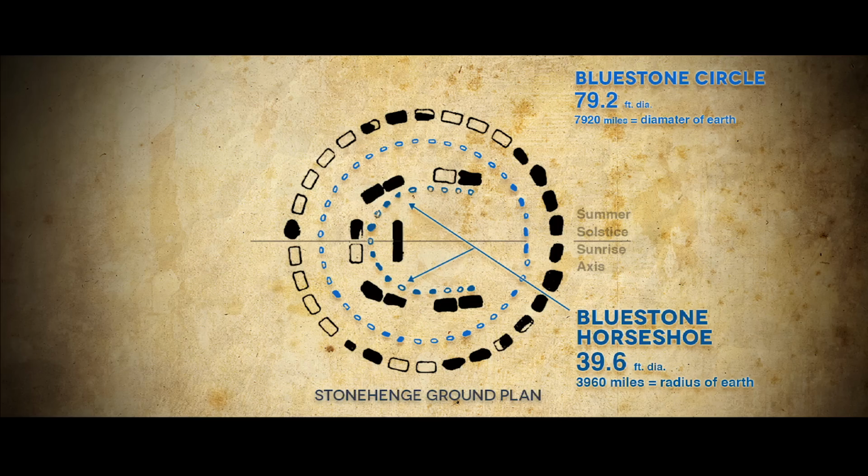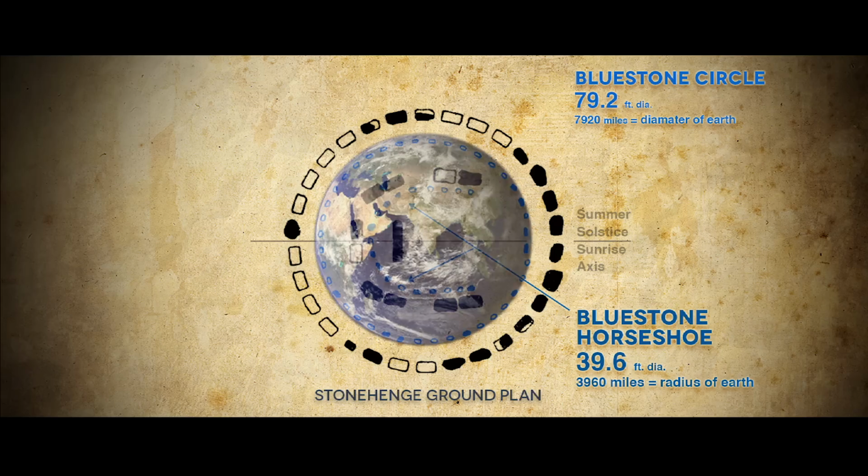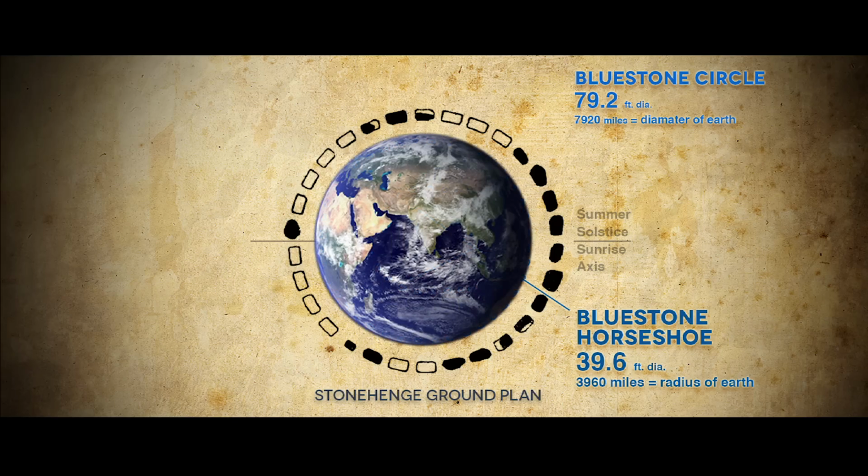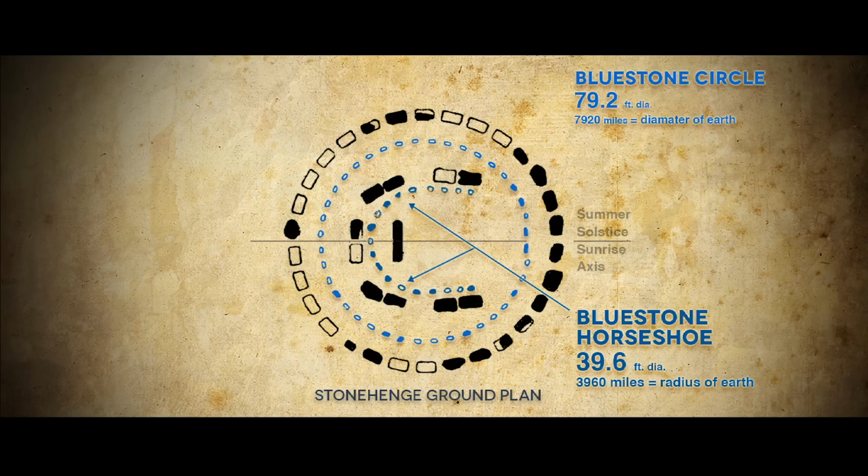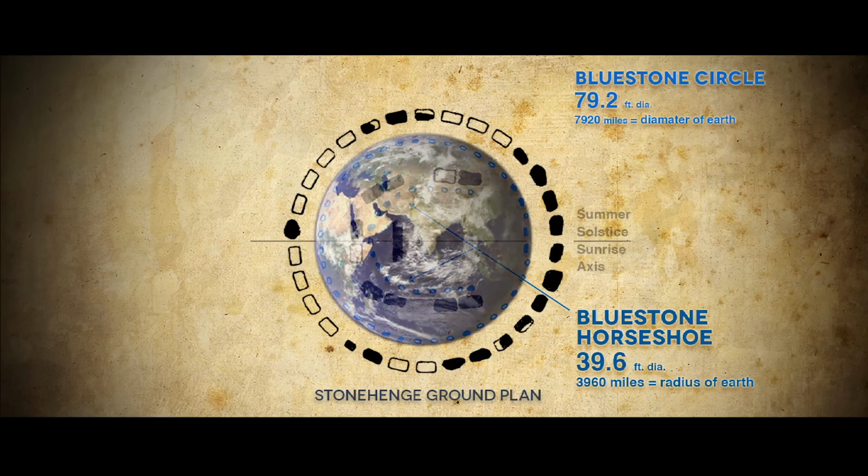So they bear the relationship to each other as the diameter of the Earth, 7,920, to 3,960, equals the 79.2 of the bluestone circle to this circle. So we have 79.2 and 39.6.